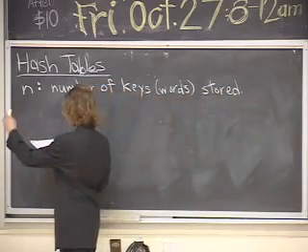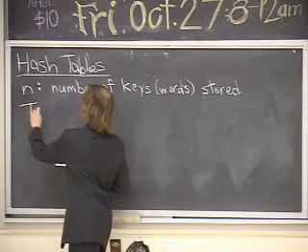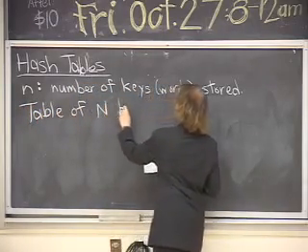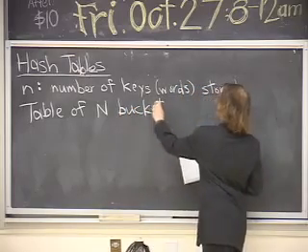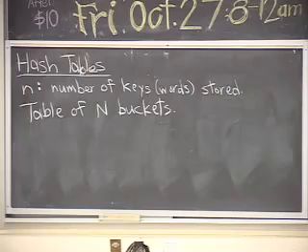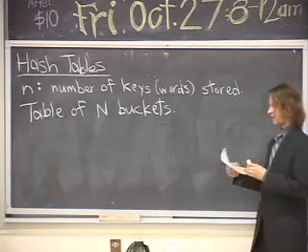And we're going to let capital N be the number of buckets we use to store these keys. And the number of buckets is not going to be 26 to the 45th either, because we can't do that. We'll never have enough memory.